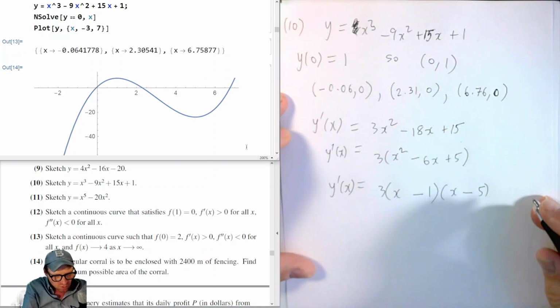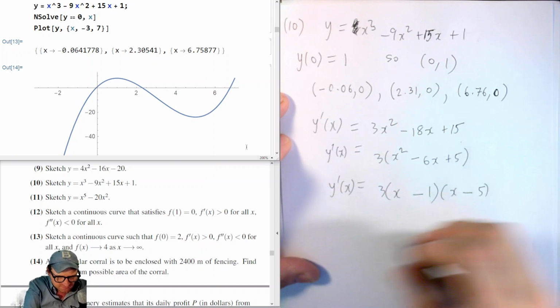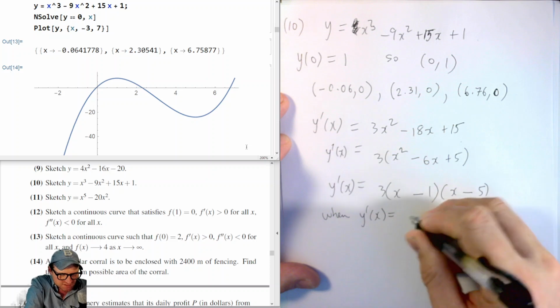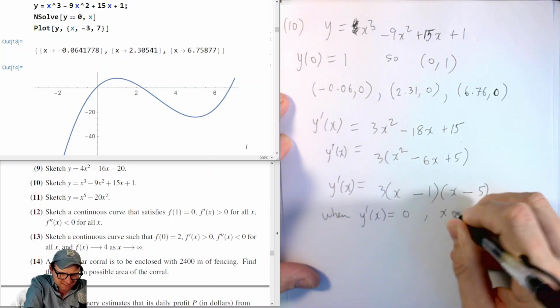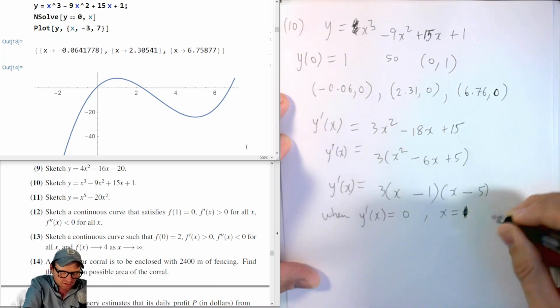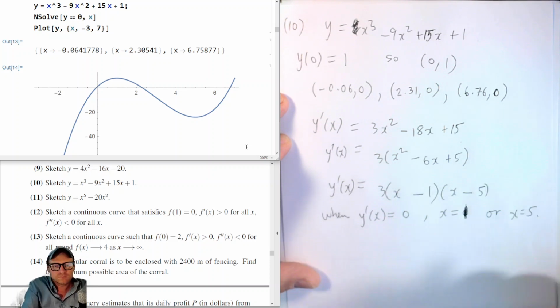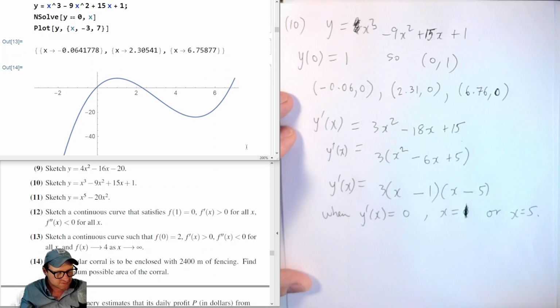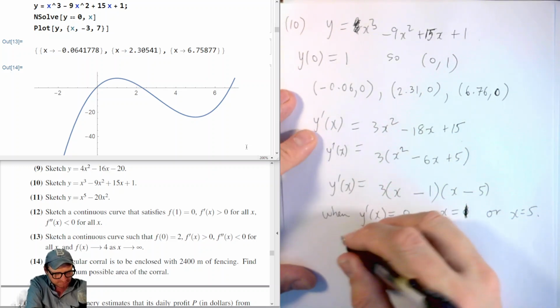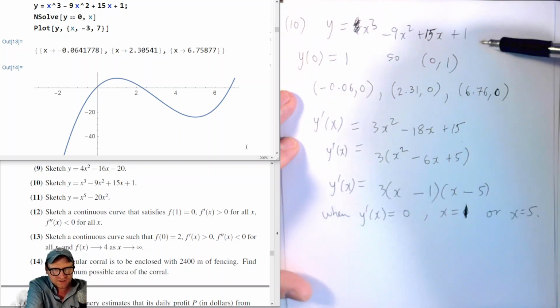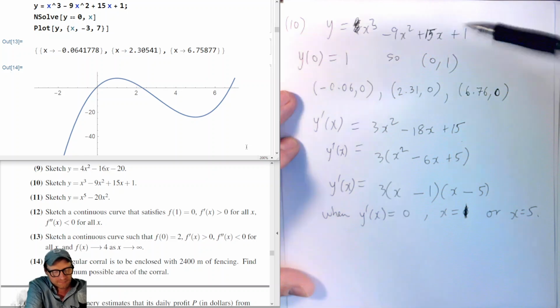All right, and so the roots of these, so we'll say when y dash of x equals 0, we have x is equal to 1, or x is equal to 5. Okay, and so let's find this on the number line because this gives us points, but we would have to sub the 1 and the 5 in here to get the points, right?